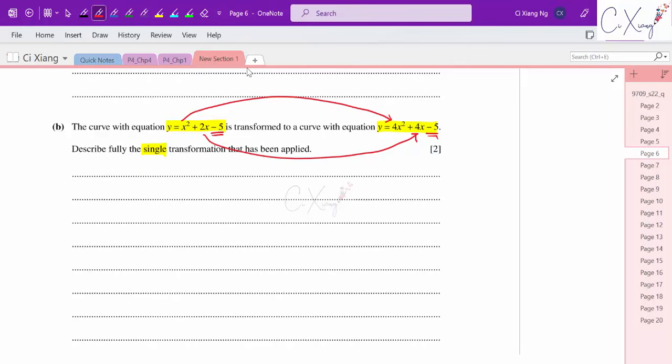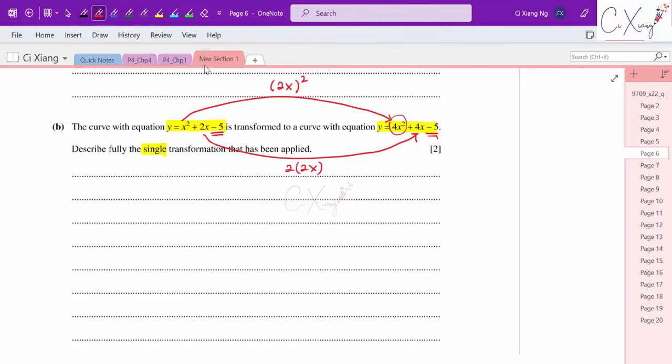If you observe, the original x squared, if I substitute x by 2x, then I will have 4x squared. And for the original 2x, if I substitute x by 2x, then I get 4x. And you can see that the constant part will not be affected.